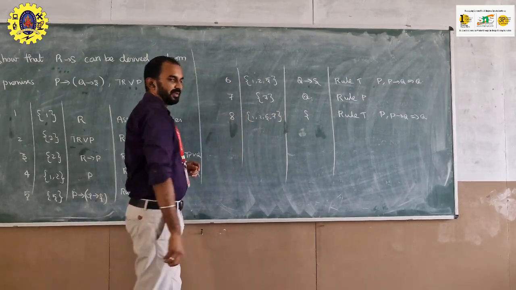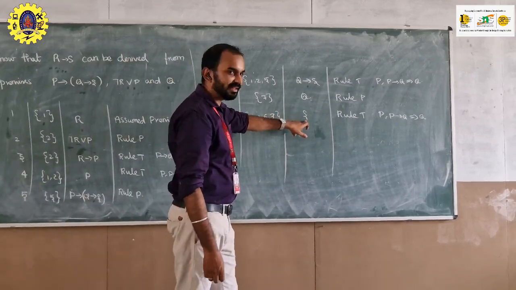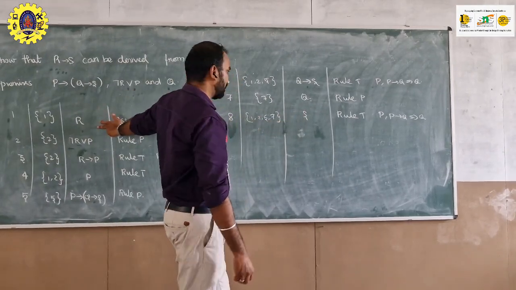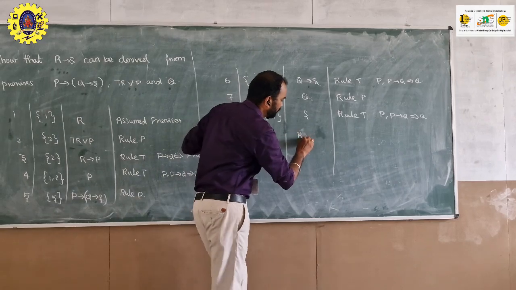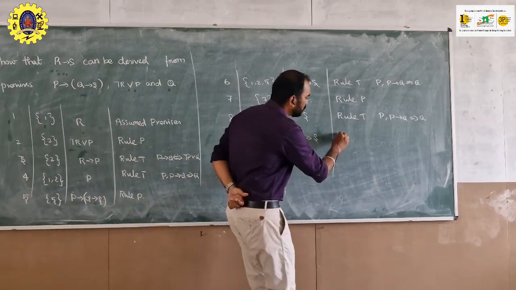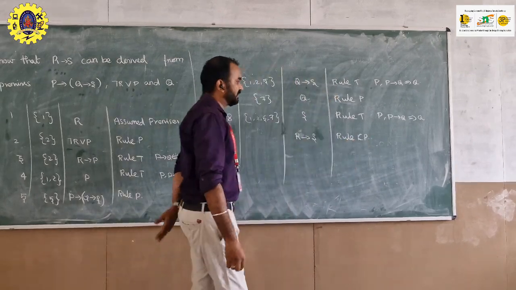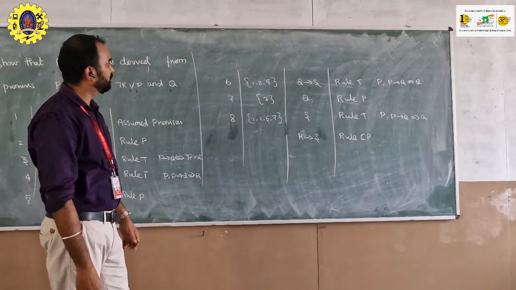This is step 8. In this problem, I derive S from the assumed premise R. So we have to write R then S by rule CP. This is our final answer.